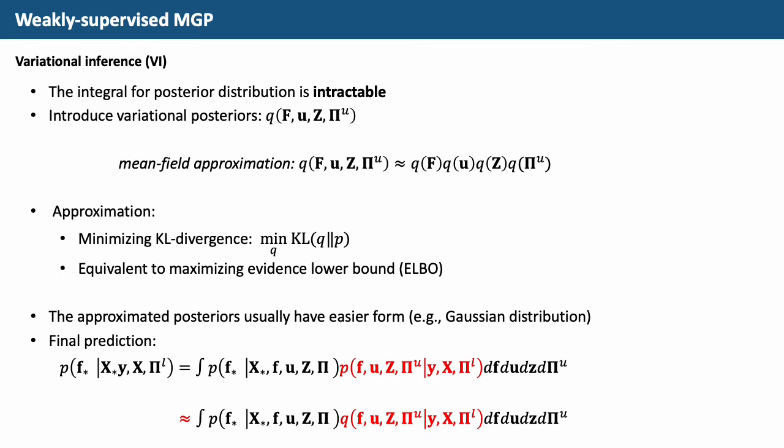Once we get Q, while approximating the original posterior, we can easily get the predictive distribution using the Q distribution instead of the exact posterior. Such a VI framework has gained popularity in the GP literature over posterior sampling methods, thanks to its computational efficiency and better generalization.